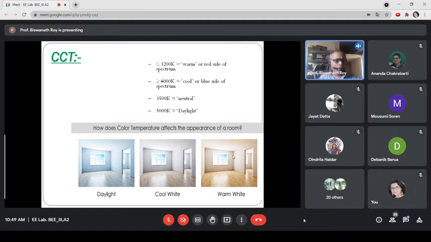The final objective of this experiment is that just by observing the spectrum, we can gauge whether the CCT lies in the range of a lower value, like 3,000 or 2,000, or at a higher value. So this is the objective of this experiment.